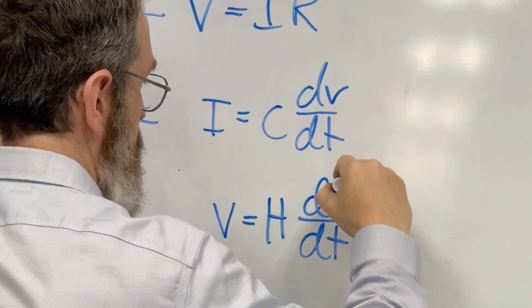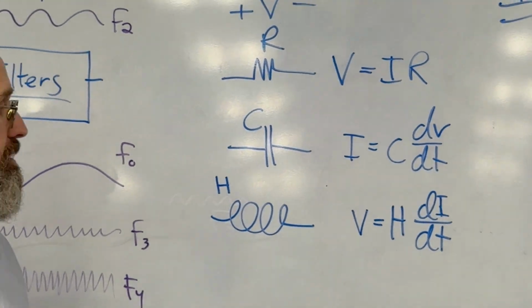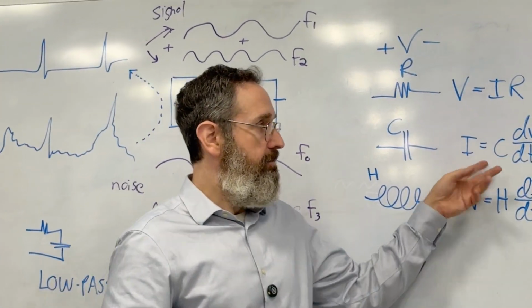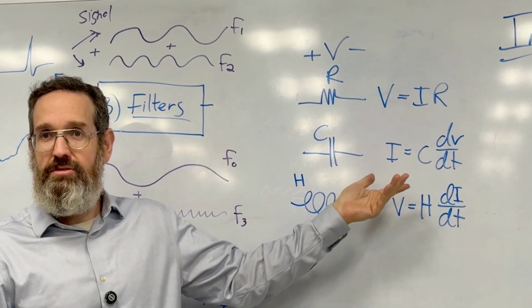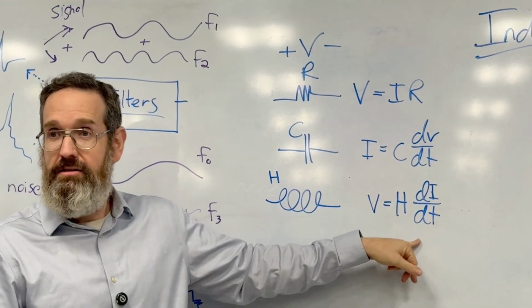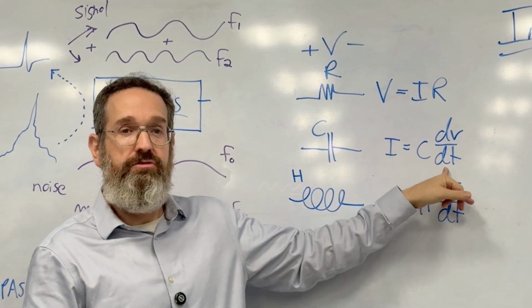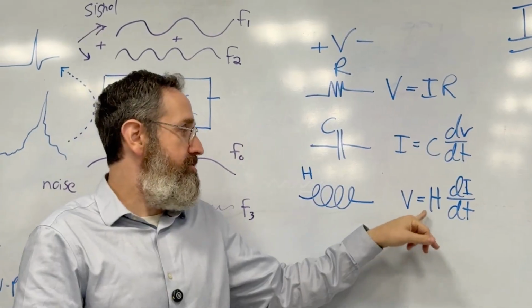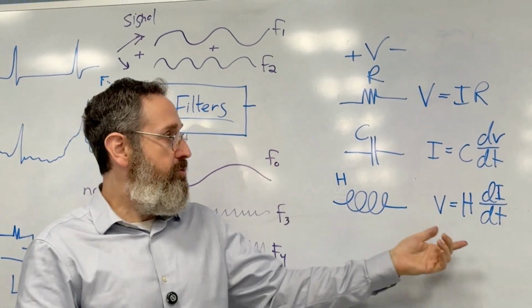Well, I guess we use capital I. Very similar, right? Just the V's and the I's have switched. They're both derivative dependent, but it's interesting that in one, the current tracks the change in voltage, in the other one, the voltage tracks the change in current. Okay?